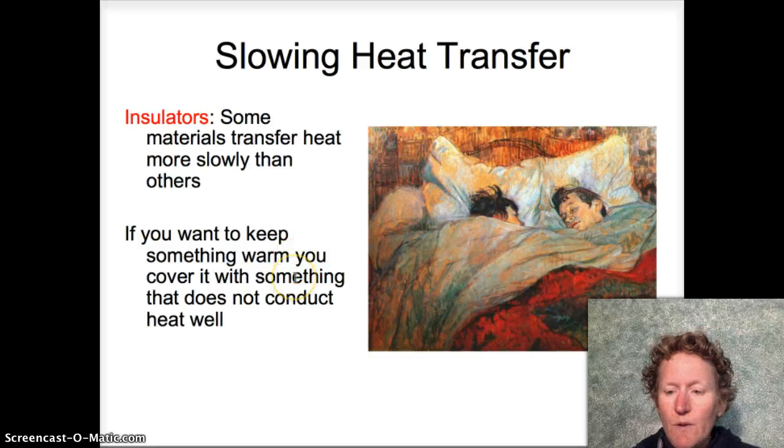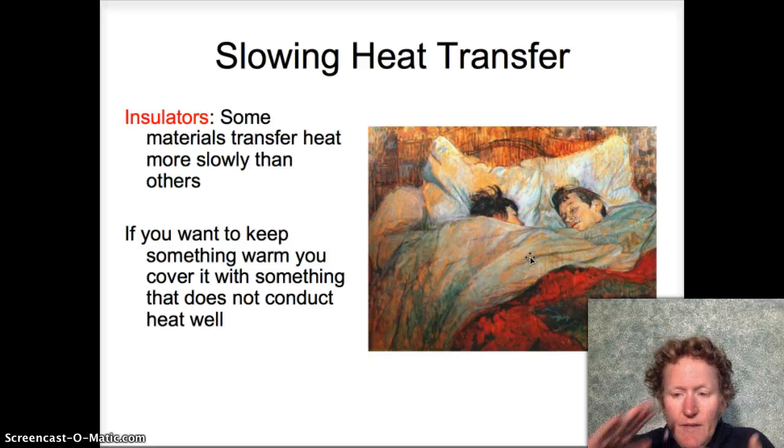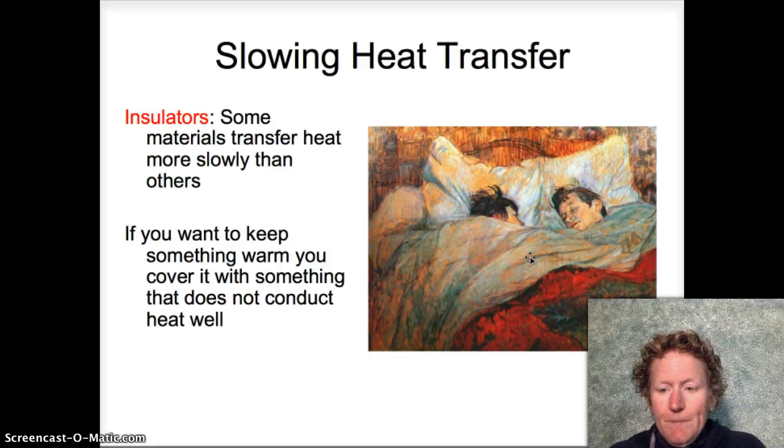If you want to slow down heat transfer, especially to stay snugly warm at night, you tend to use fluffy things that have lots of air in them, like your down comforter or your warm fluffy comforter has a lot of air, and air is not a good conductor of heat. If it's just held next to your body, it doesn't have a lot of density.